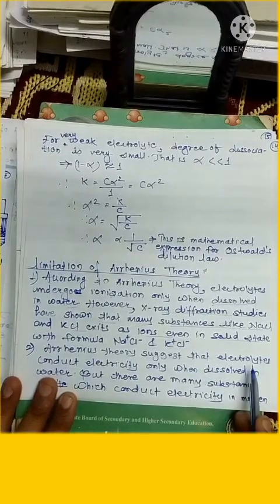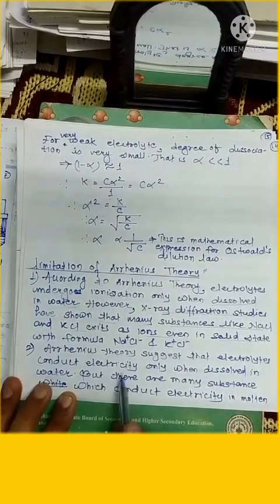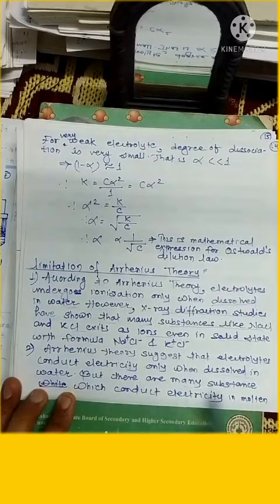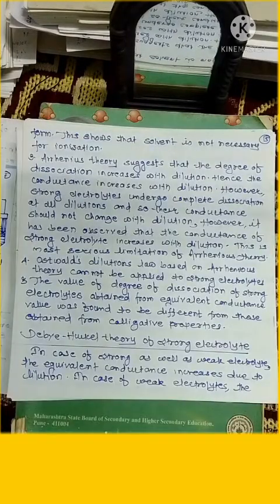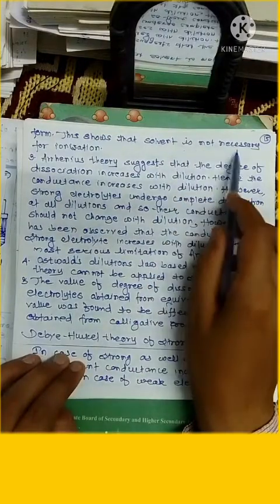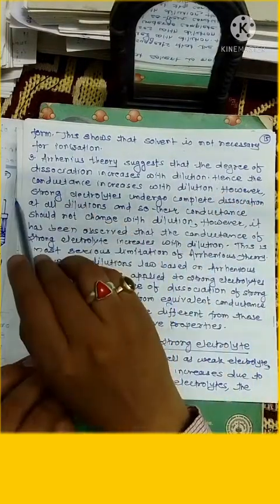Arrhenius theory suggests that electrolytes conduct electricity only when dissolved in water, but there are many substances which conduct electricity in a molten state. This shows that solvent is not necessary for ionization.